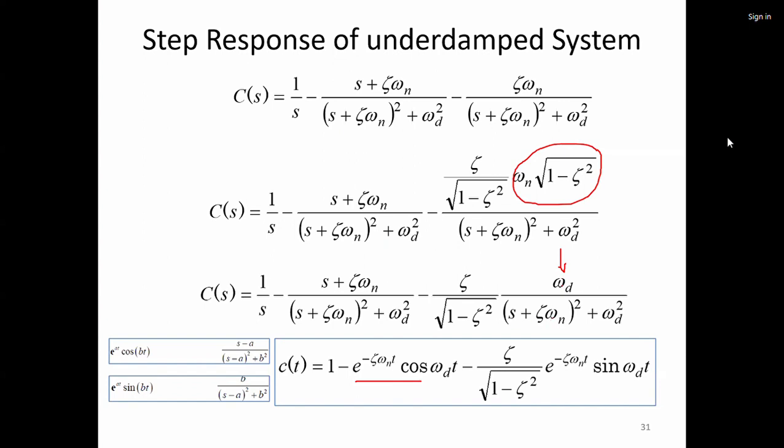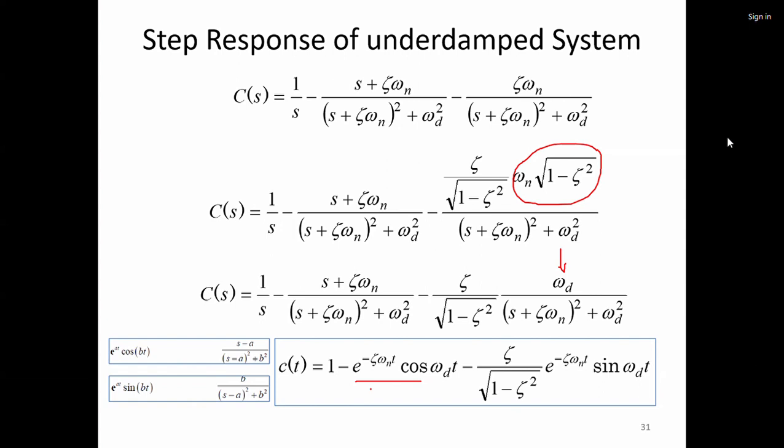So the j divided by square root of 1 minus zeta square comes here. Then this would be e to the power at, so e to the power minus j omega n t, then sine of bt, sine of omega d t. So this is the solution of the system subjected to a step unity input.